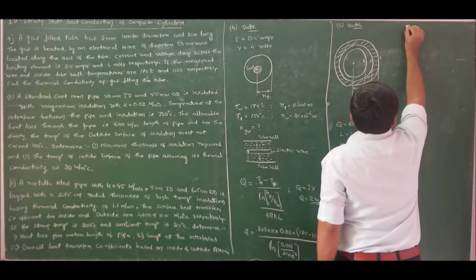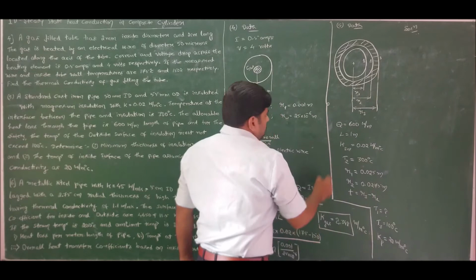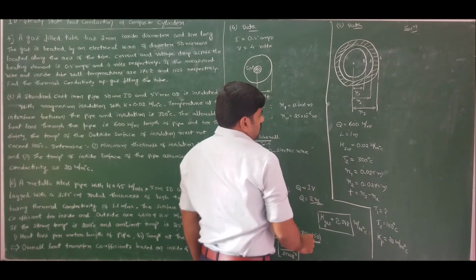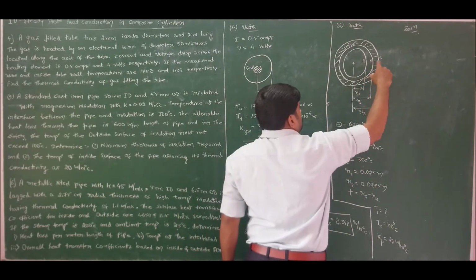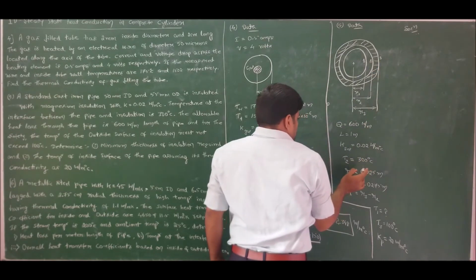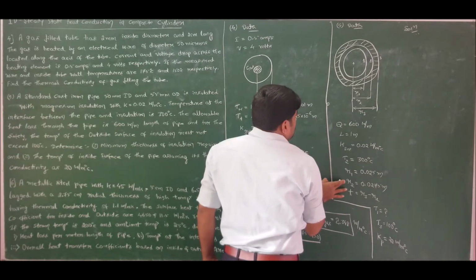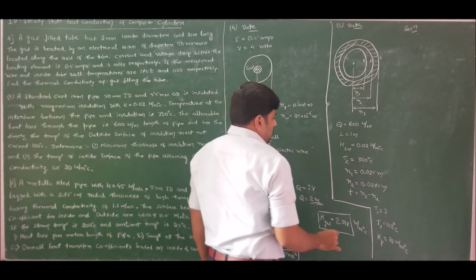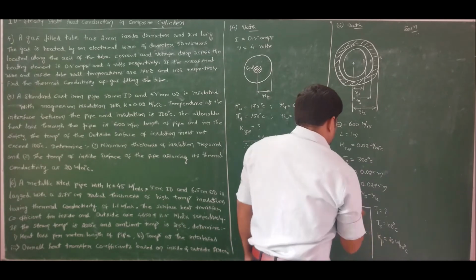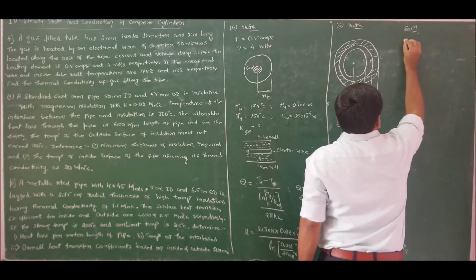If I move to the solution, since he has given the value of Q and we know the temperature at points 2 and 3, and also we know the value of radius R2, I can find the value of R3. So to find the thickness, first let us find the value of R3.